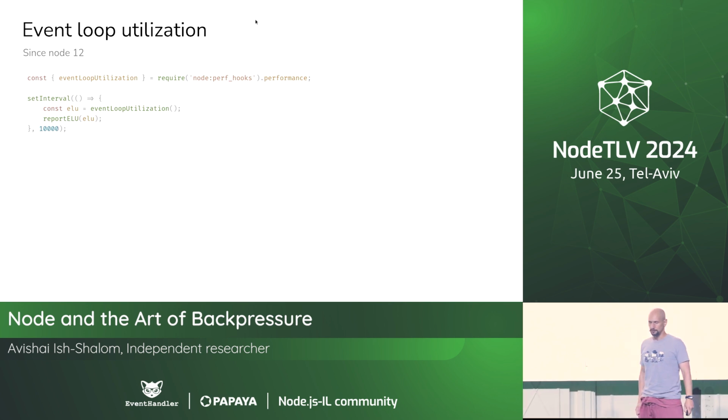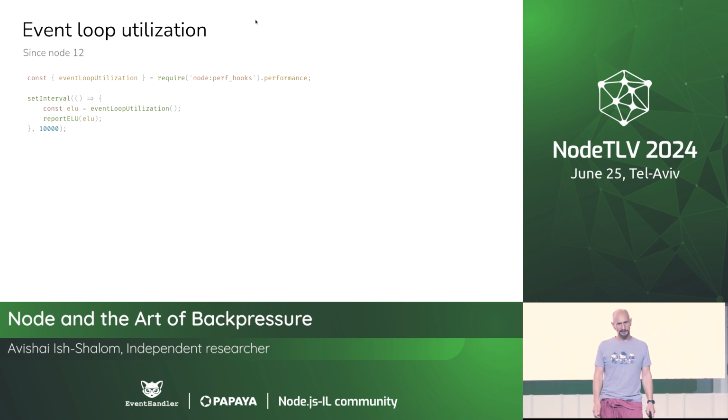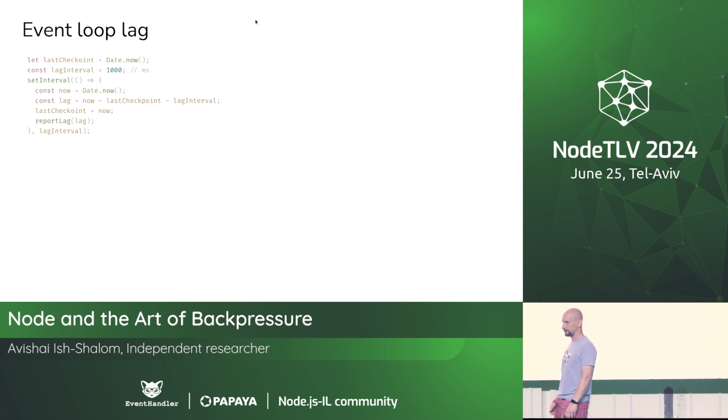There is another important metric that is not provided by Node itself, but you can easily generate it. That's the event loop lag. What is the event loop lag? Let's say you have something that is supposed to happen every second, but because the event loop is busy, it's not being executed after a second, it's being executed after a second and a half.